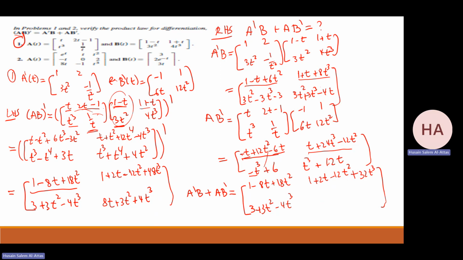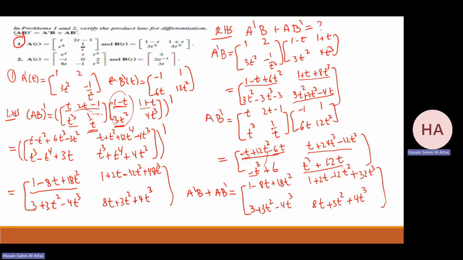Now this one plus this, I have minus 3t. Oh, sorry, I have minus 4t. I need to add this with this. So I have minus 4t plus 12t, 8t. t cubed plus 3t squared, plus 3t squared plus 4t cubed.